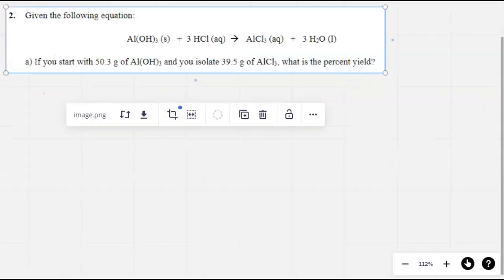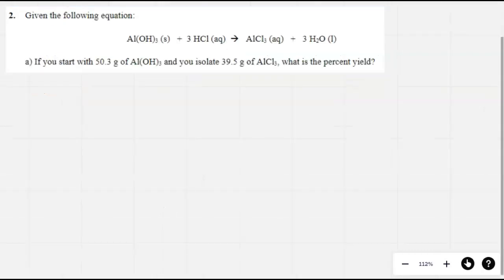So any questions? Now let's go ahead and look at number 2 on the homework. We are going to start with 50.3 grams of aluminum hydroxide, and we're going to isolate in the lab 39.5 grams of aluminum chloride.